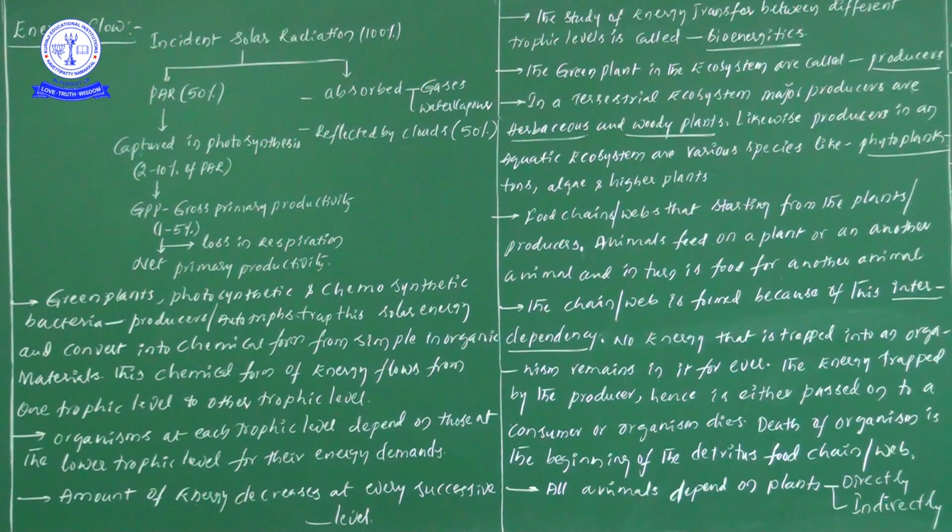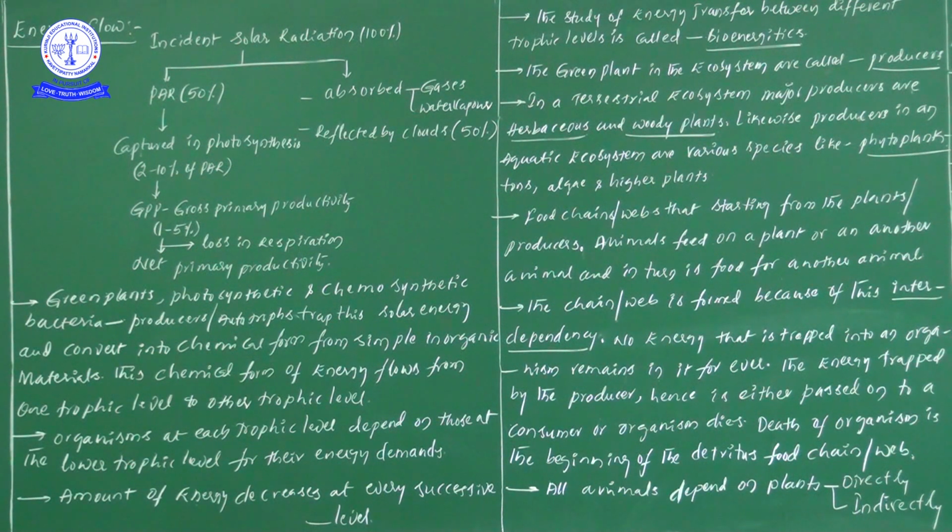Don't forget one point now. The first trophic level is occupied by the producers. So from a knowledge point of view, energy flows from the primary producers, or from the producers, to the next levels.